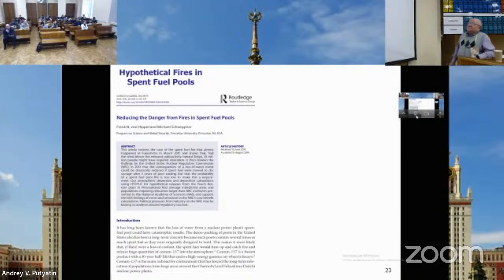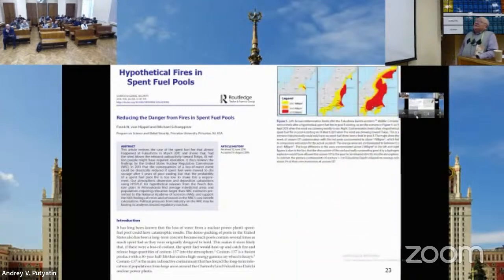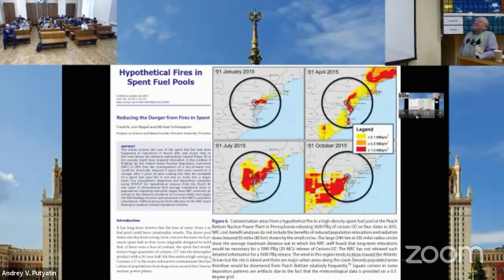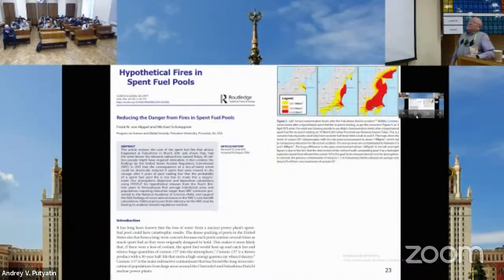So, these are again the hypothetical considerations of the spent fuel pools.